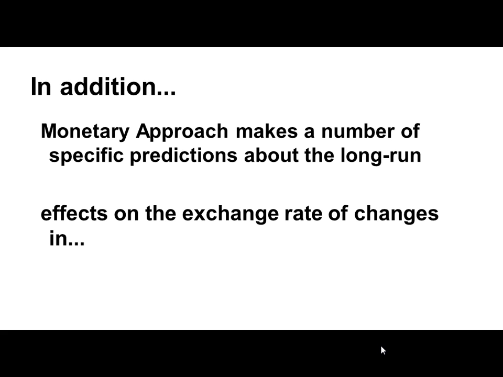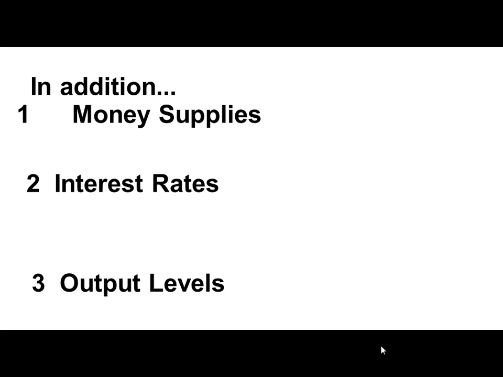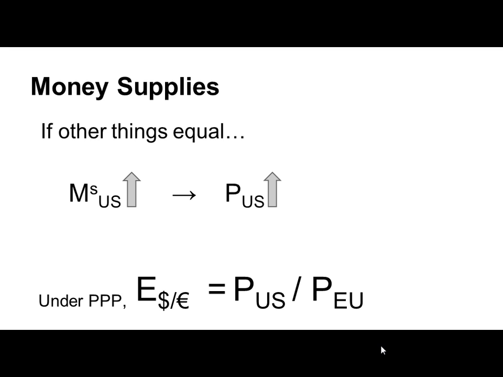In addition, the monetary approach makes a number of specific predictions about the long-run effects on the exchange rate of changes in three things: money supplies, interest rates, and output levels. Next, I'm going to explain each of these.